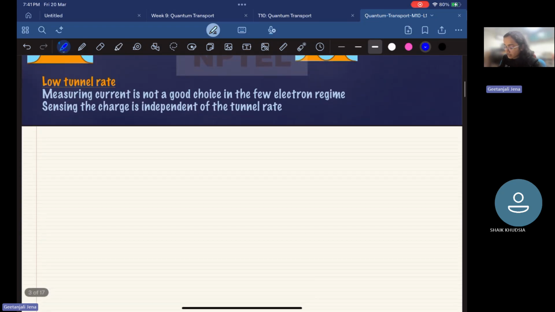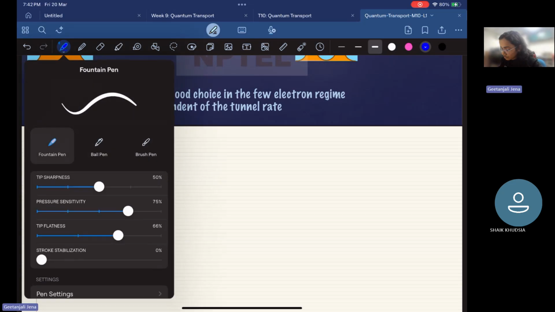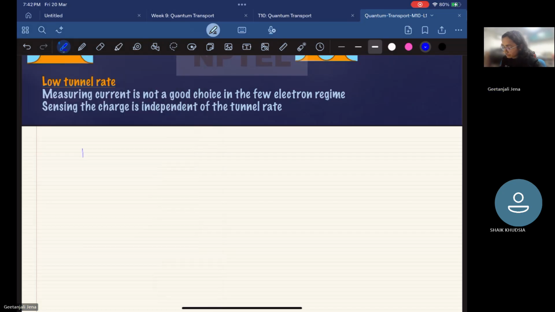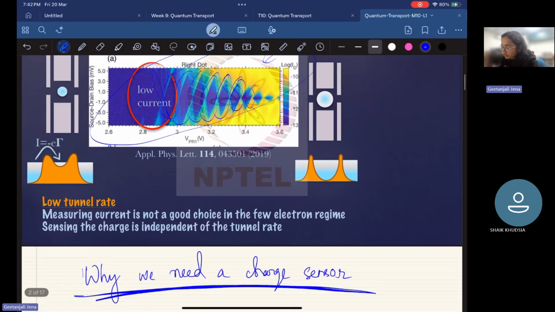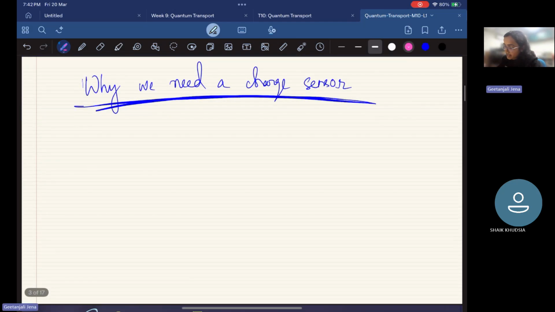So why do we need a charge sensor? The reason is, let us see what happens when we go from right to left, that is in this direction.